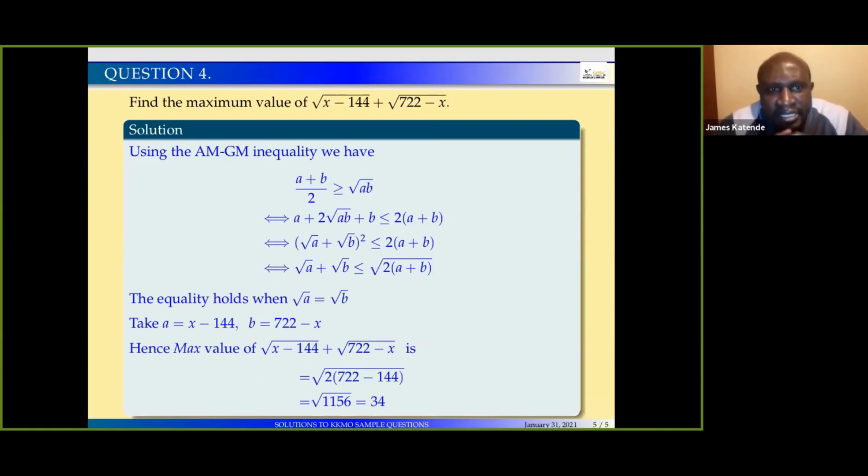The AM-GM inequality for the simplest case, where we have only two positive numbers, A and B, says that their average will be greater than or equal to the square root of their product.